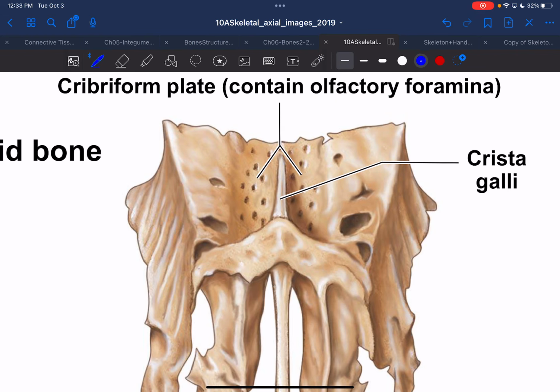The word olfactory in anatomy means smell. Anything with the sense of smell related. And so they're openings that allow for smell receptors to exit, and that's why they're sometimes called olfactory foramina. But you can remember whatever you'd like. Cribiform plate, you have to know, so cribiform foramina I think is easier.